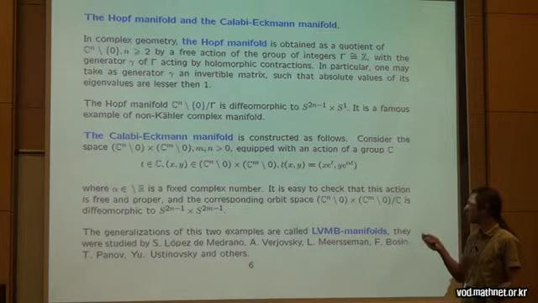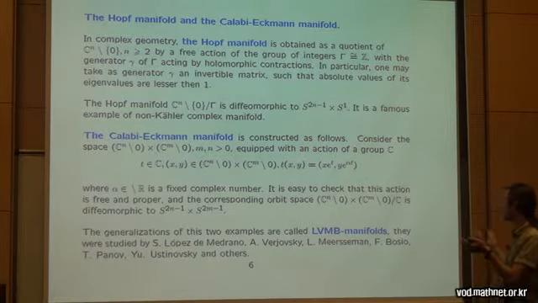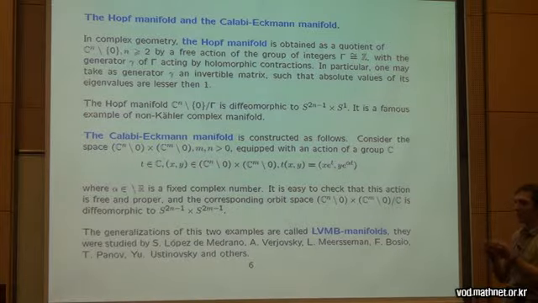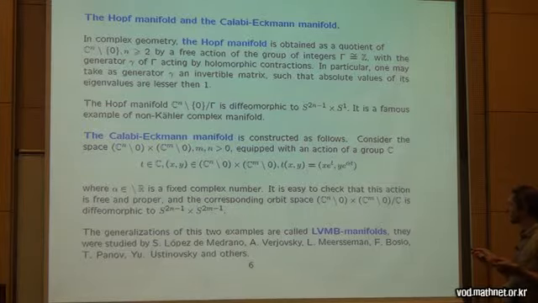We may think of the principal example of this as Z acting by multiplication by some invertible matrix such that the absolute values of all eigenvalues of this matrix are less than 1.